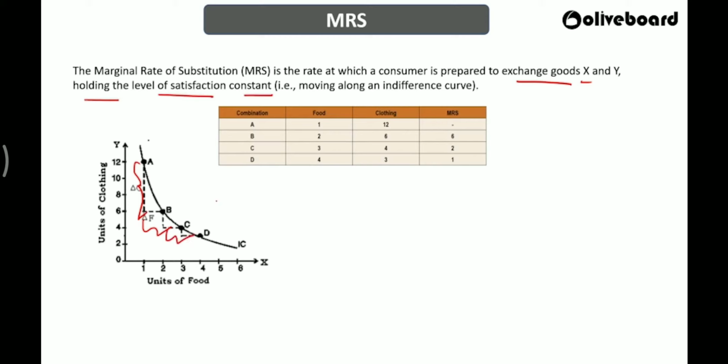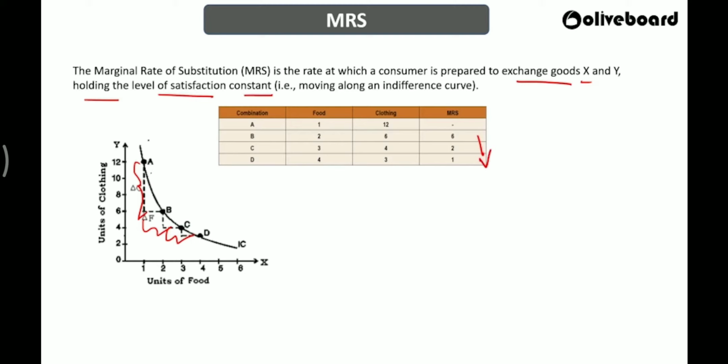When I want to exchange for one more unit of food, I'm ready to give away only 2 units. And if I want to add one more unit of food, I can give only 1 unit of clothing, not more than that. If you see, it has a declining trend.